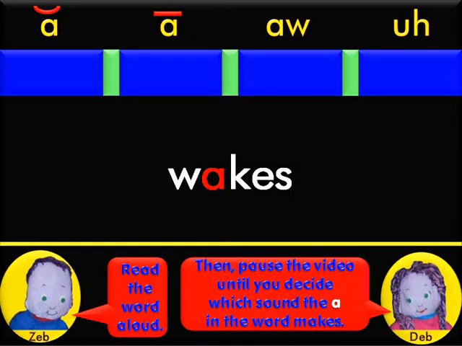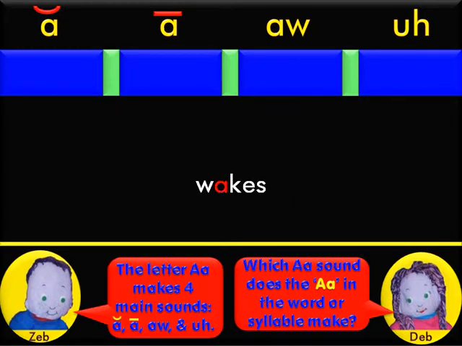Repeat after me. Wakes. Which slot does it float into? Pause the video until you figure it out. Read the word with me. Wakes. Which slot does it float into?